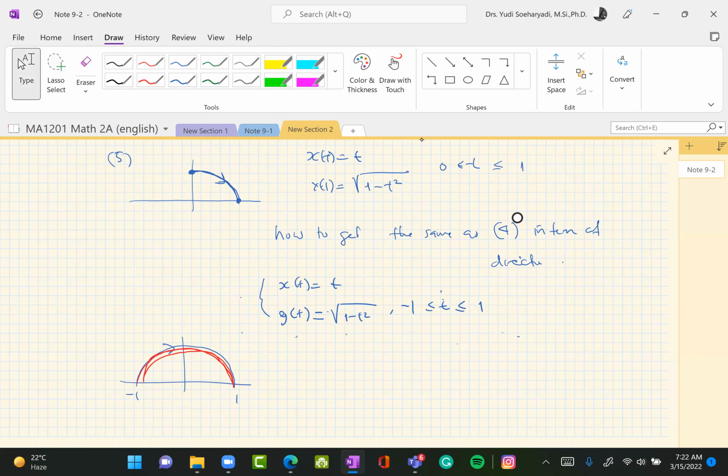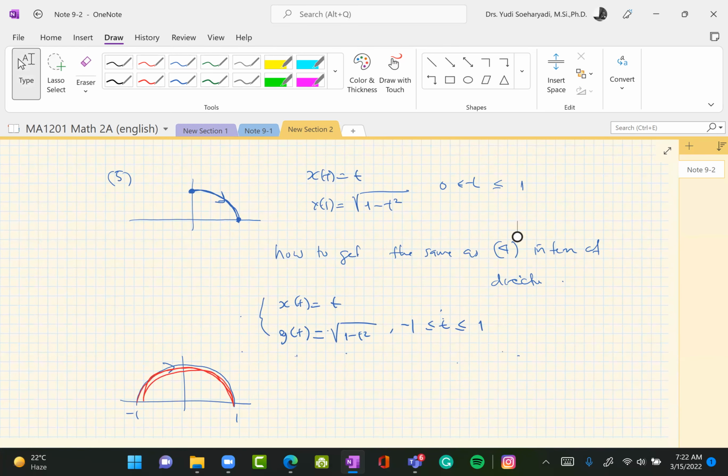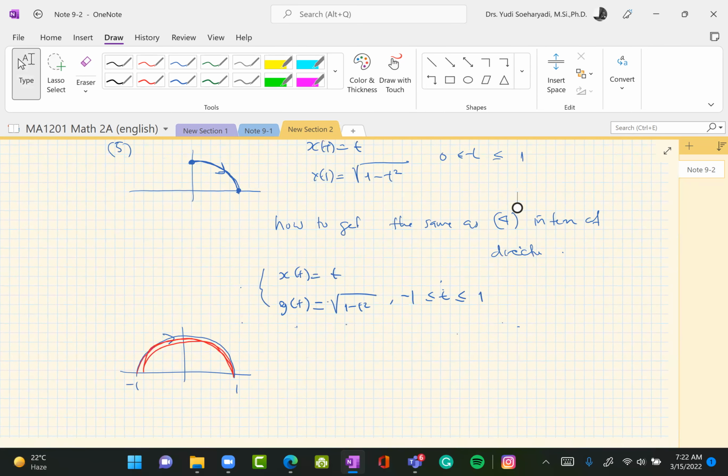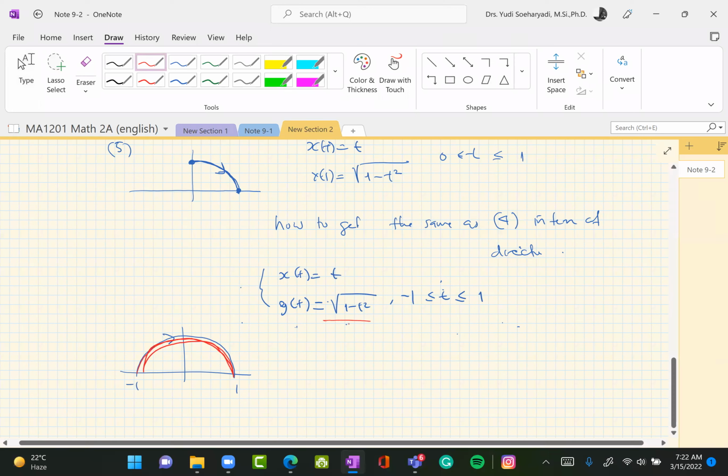Okay. So the question is how to reverse the direction. So we'll do that later on. Okay. So at least we match the curve. So it's upper semicircle, but different directions. Opposite directions.